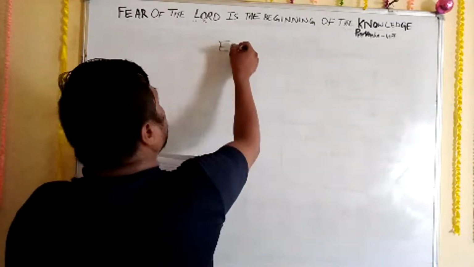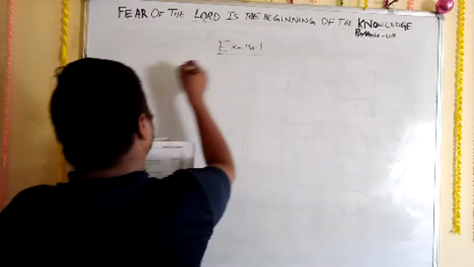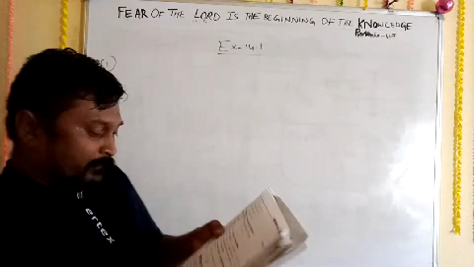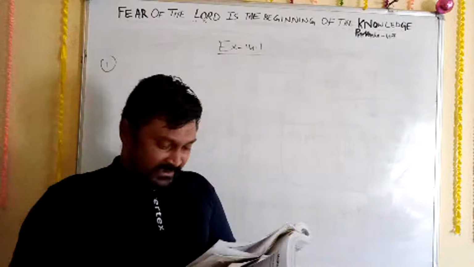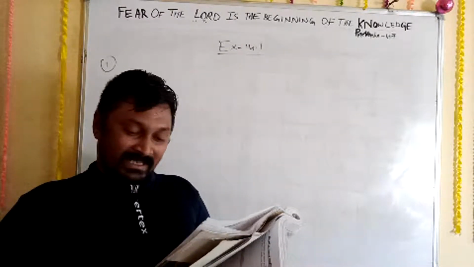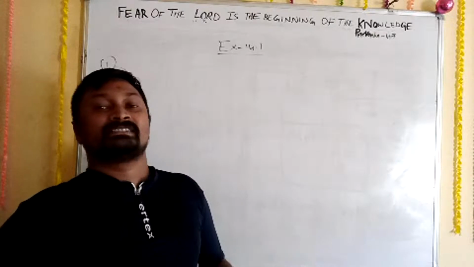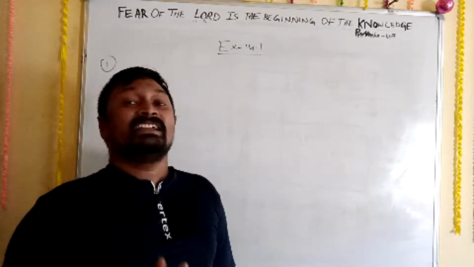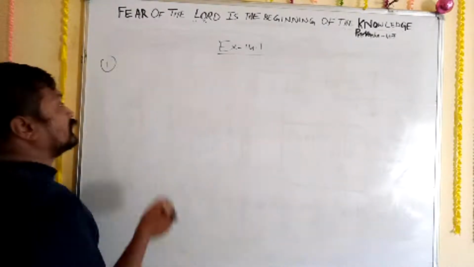Exercise number 14.1, first one. Find the direction cosines of a line which makes equal angles with the coordinate axes.